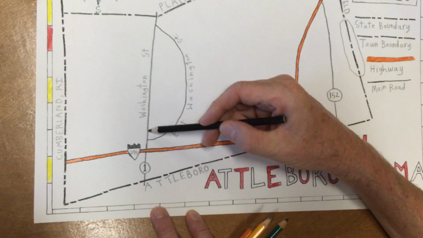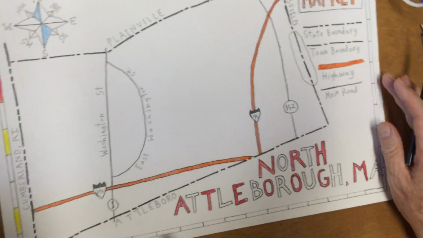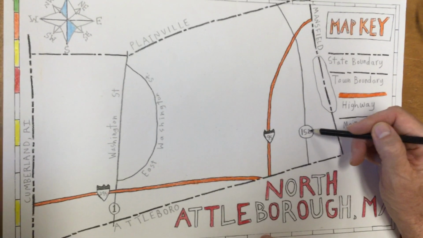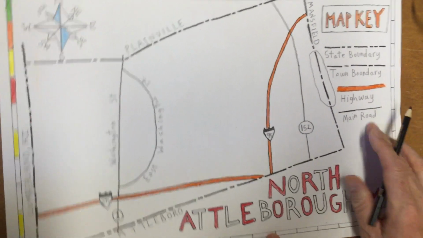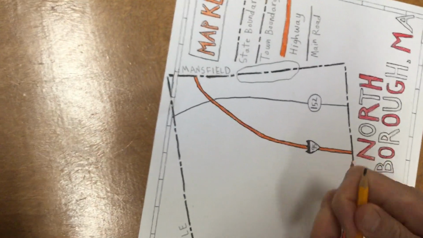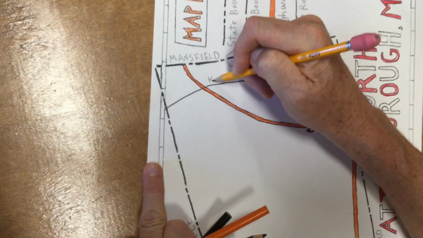I believe Washington Street is called 1A. We won't have to put that in there, but just so you know, this is the route number for this road, the 152, also known as, you've probably heard of this road, Kelly Boulevard.